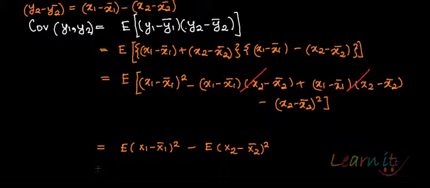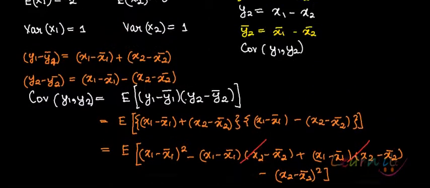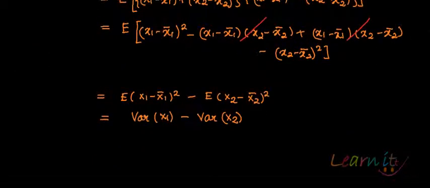That is nothing but the variance of x1, and E of (x2 minus x2 bar) square is the variance of x2. What are the values of variance of x1 and variance of x2? 1 and 1, so it is 1 minus 1, which is equal to 0.